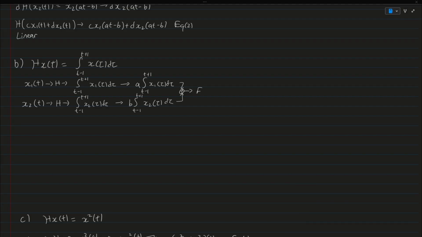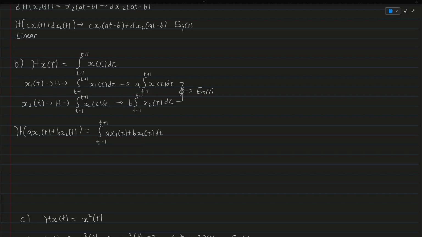Now, what you need to do after is let the system take a x1 of t plus b x2 of t. Think of what the system is doing. It's taking the integral from t minus 1 to t plus 1, and it doesn't make any changes to the signal itself. So this gives the integral from t minus 1 to t plus 1 of a x1 of tau plus b x2 of tau d tau.